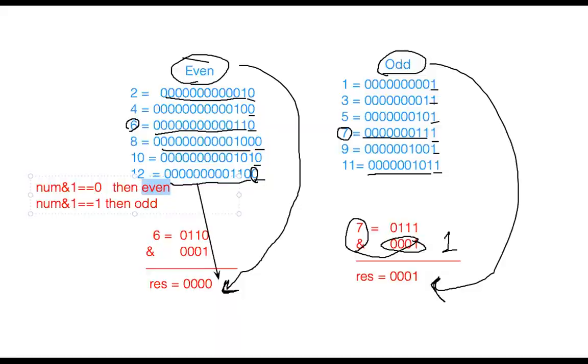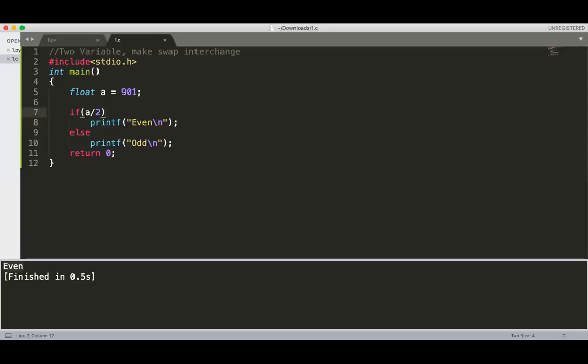Okay, so I can put the same code in my program here. If A AND with the 1 equal to 0, then it is even number. Otherwise it is odd number. Anyway, we are getting 0 or 1 only.